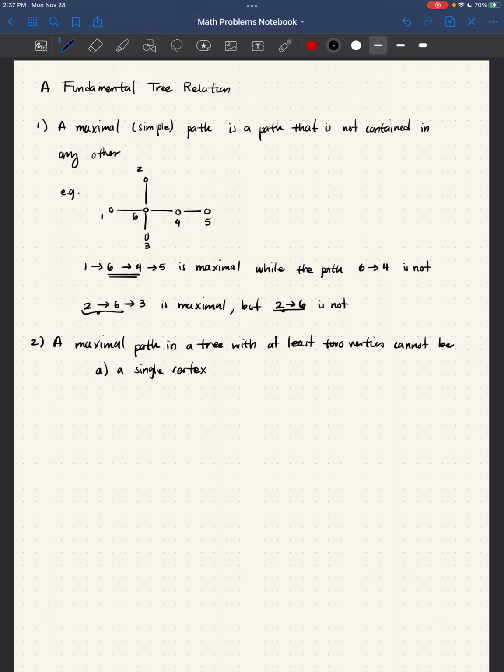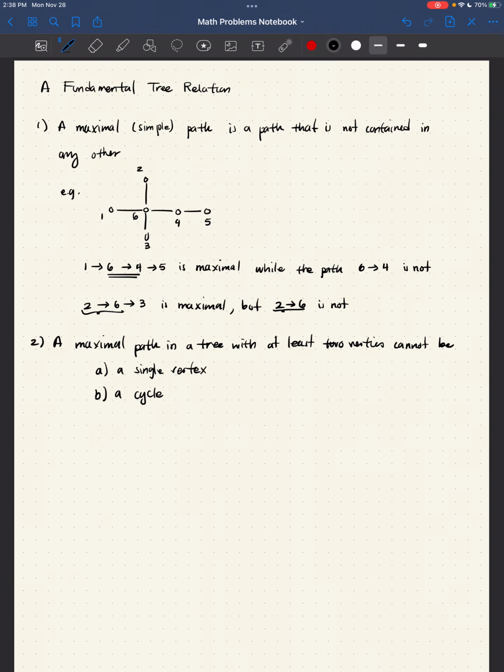The path cannot consist of only one vertex. Why? Well, we have at least 2 vertices, and a tree is connected, so there should be one path joining those two, and that path should be contained in another maximal path. And it cannot be a cycle. Why? Because a tree is a connected, acyclic graph, so this maximal path cannot be a cycle.